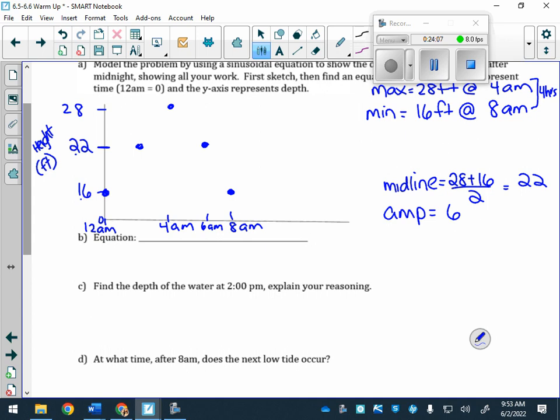P-value as well. And we could take the difference, like the max to the next max, you could multiply by 2, or the difference between the hours multiply by 2. You could see that the period is 8 hours, all right?